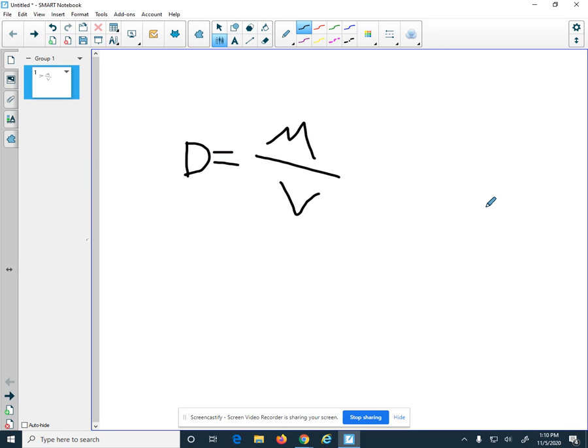I could put this on a triple beam balance and measure the mass. I could try to measure the dimensions and get the volume. And it's got a certain density. Let's pick a number. Let's take the number 20. Let's say it has a mass of 20 grams. Okay? And let's say that it has a volume of 5 centimeters cubed. Remember, a centimeter cubed is equal to a milliliter.